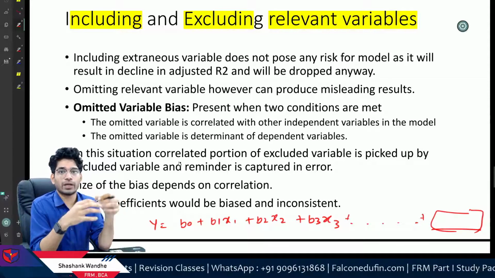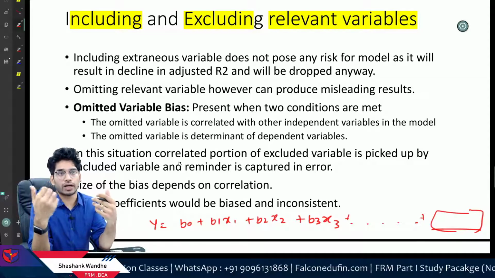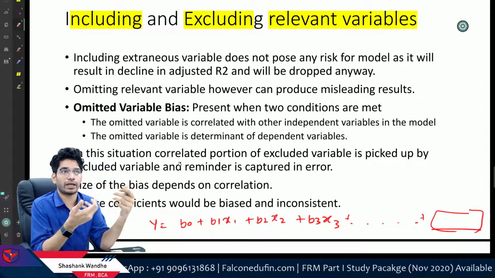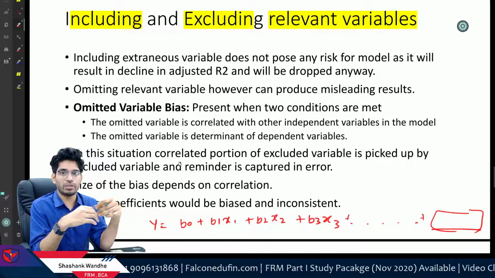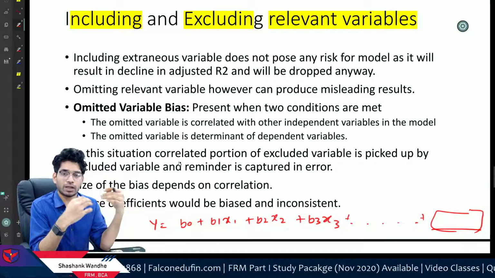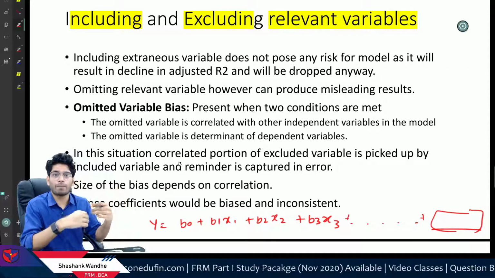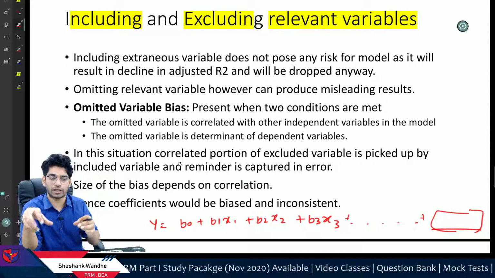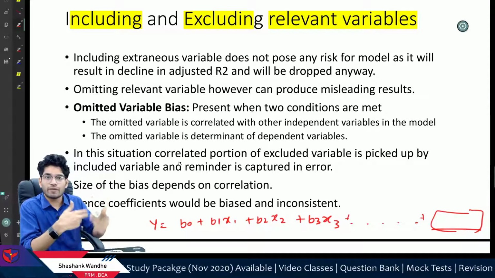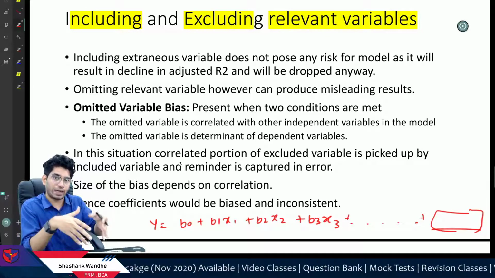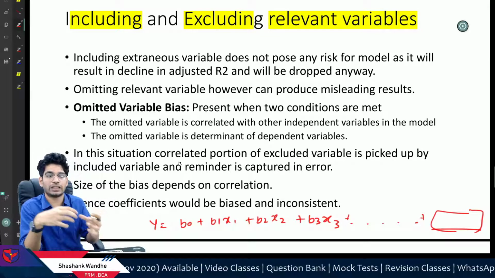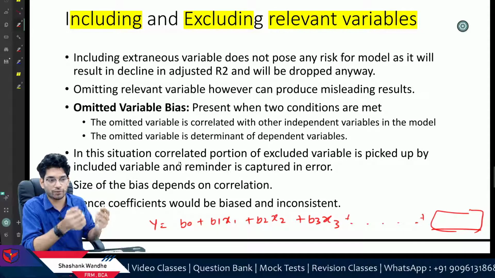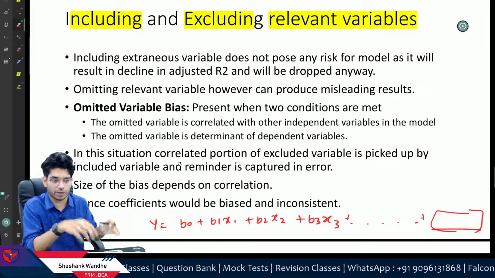Always remember this, including more variables might increase your explanatory power, but it might create problems like multicollinearity and so on, right? If you exclude a variable from your model, there might be a problem that you are dropping a variable which is important for your regression model. But there is always a trade-off. This is known as the bias-variance trade-off. You should decide whether to go with the bias or with the variance, and always check the trade-off, like what you want in your regression model.